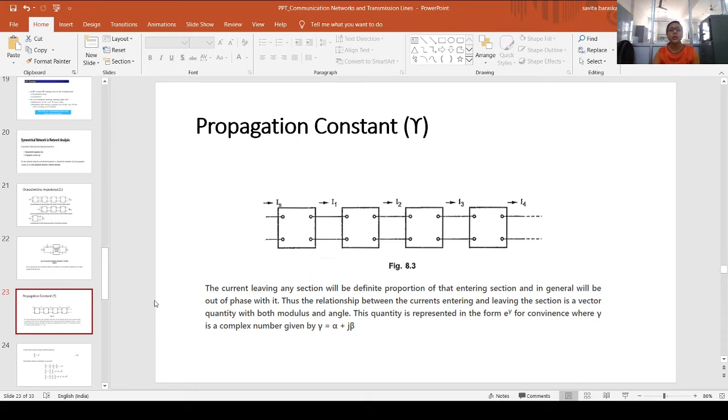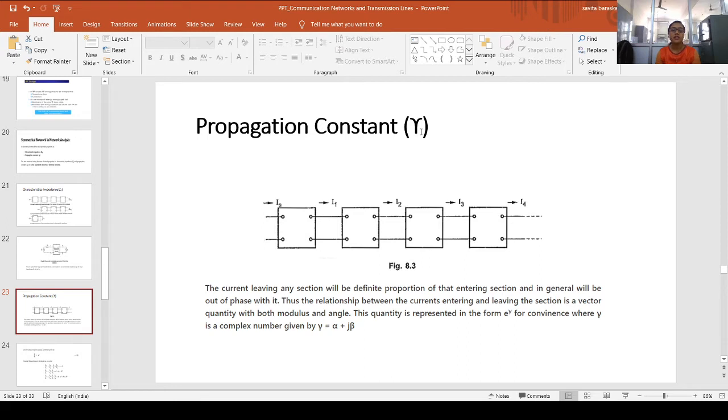Next is the propagation constant. It is denoted by gamma, and the propagation constant shows how the waves travel along the transmission line from the source end to the load end. That means how much the wave is propagating along the line, in phase or out of phase.